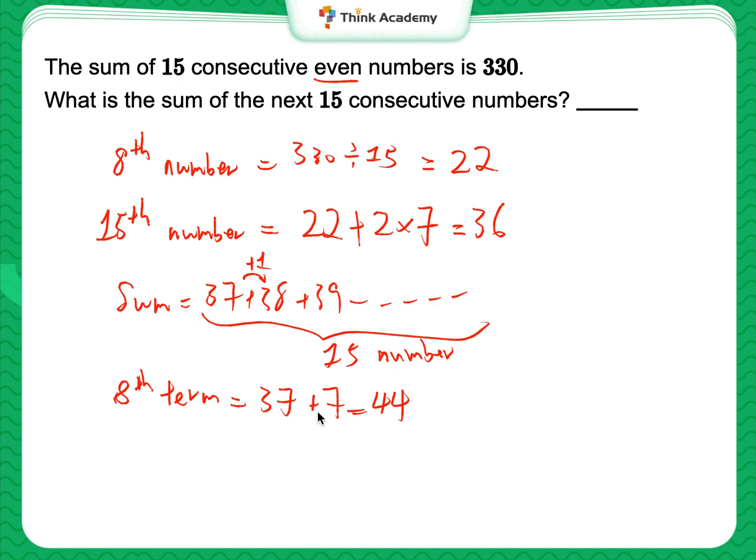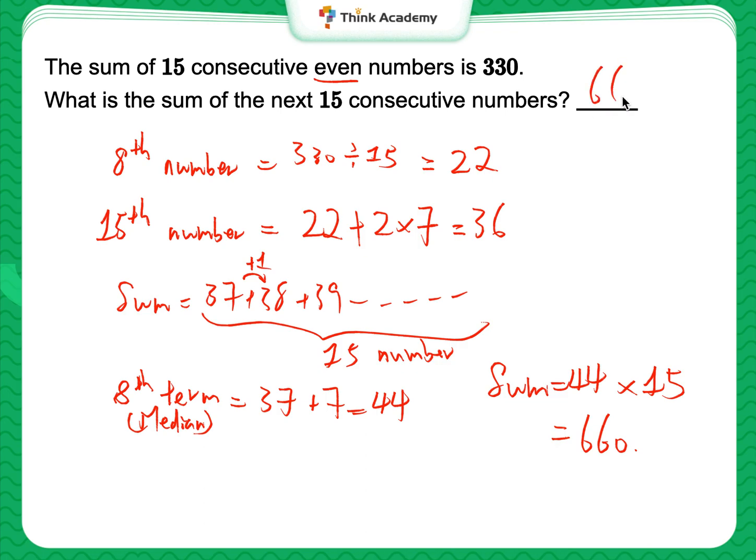So after knowing the median, 44, I'm just able to calculate the sum by the median multiplying the number of terms, and that is going to be 660. So that is going to be the actual answer of this question, all right? But don't worry, we have counted everyone right here.